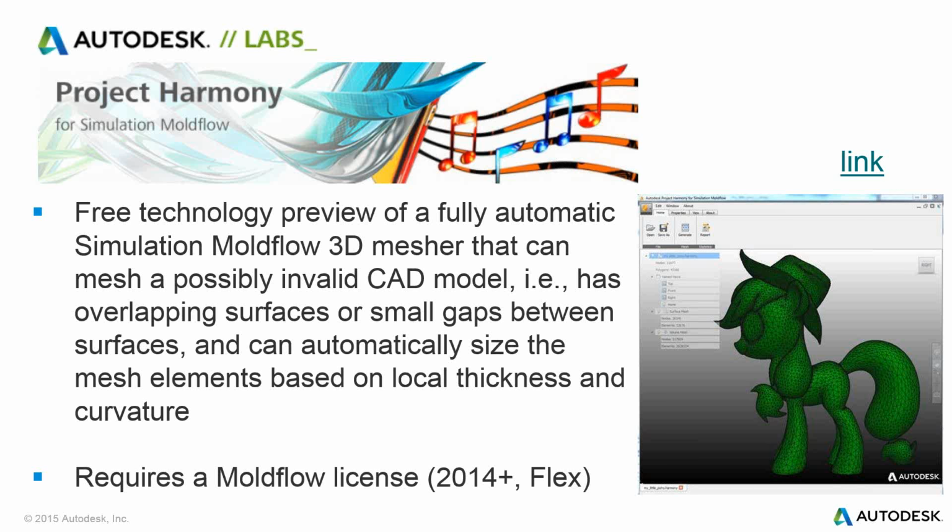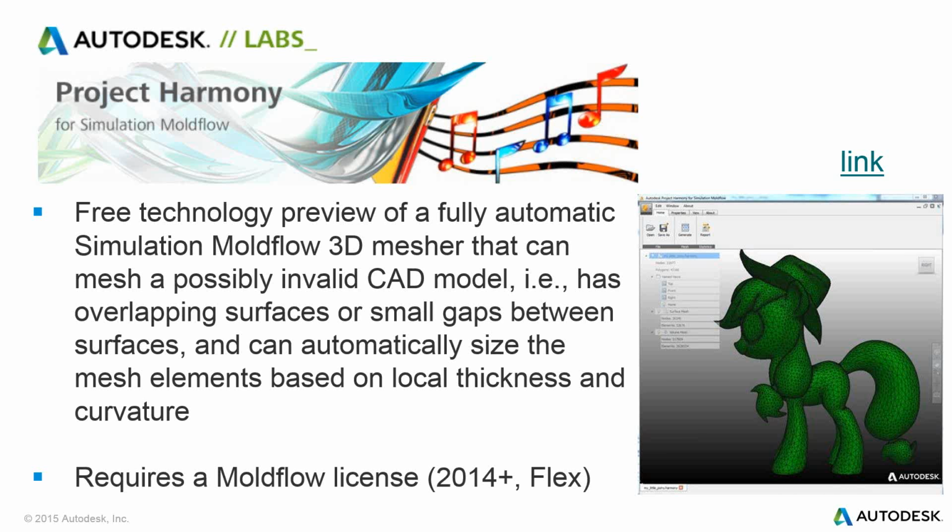So Project Harmony basically allows you to bring in a CAD model from any source right now, with the exception of I think Inventor, which is not currently supported, but we'll fix that. The point is that it should be able to read a CAD model as well as mesh it, even if the CAD model has some defects in it.